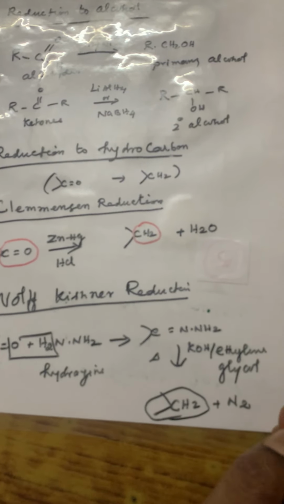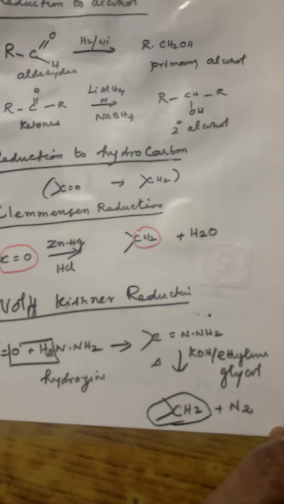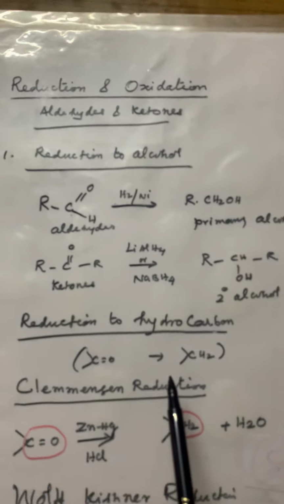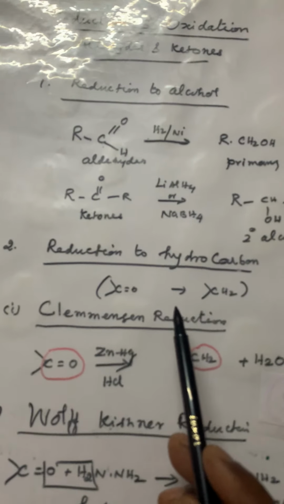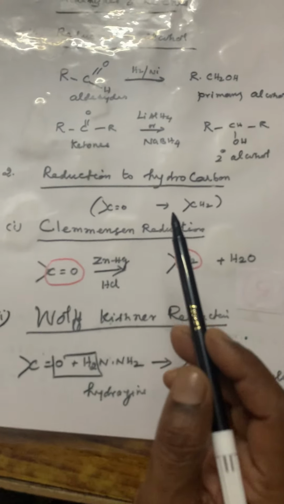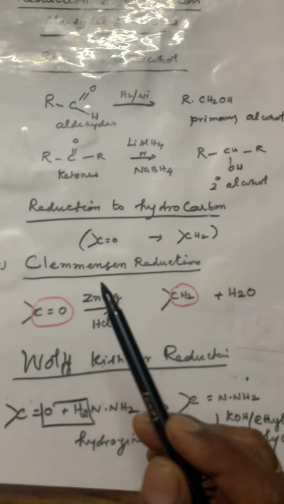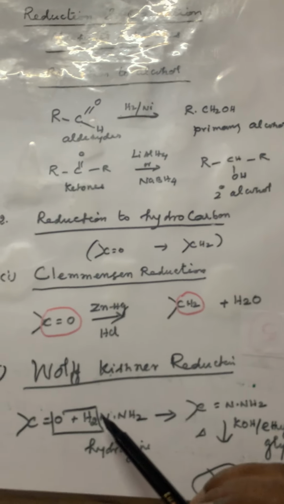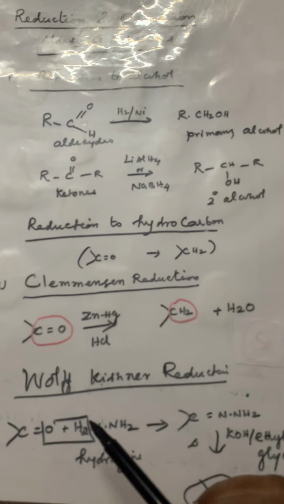This reaction is known as Wolff-Kishner reduction. The first one is reduction to alcohol, the second one is reduction to hydrocarbon. This will be very important for conversions. How do you convert aldehyde to hydrocarbon? Immediately you have to remember Clemmensen and Wolff-Kishner reduction.